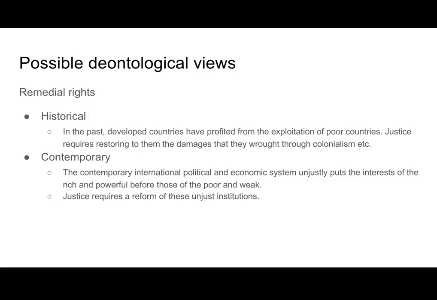So let's look at the past. Well, we could say in the past, developed countries have profited from the exploitation of poor countries. That is to say, justice requires us today to restore to them the damages that were wrought through colonialism or other kinds of empire building, right?